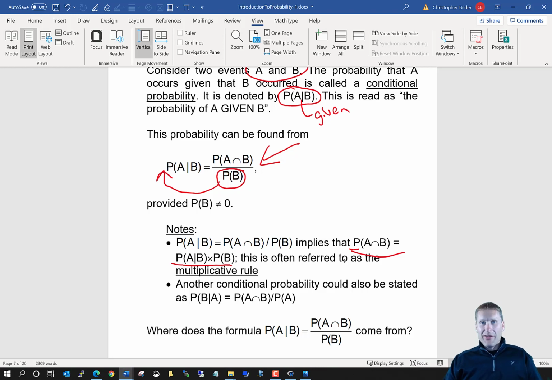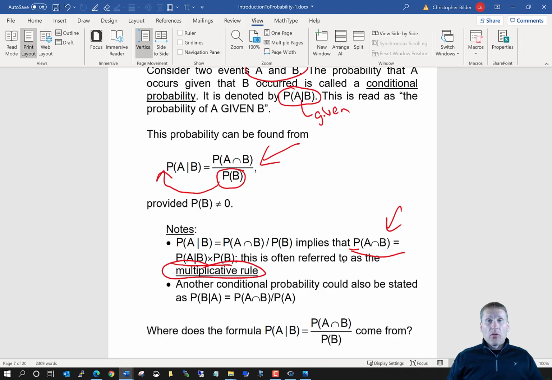So on a test or some other way for me to grade you, I might ask you to give me a few different expressions for how we can actually find the probability of A intersect B. This expression then, the second expression here, is often referred to as the multiplicative rule.